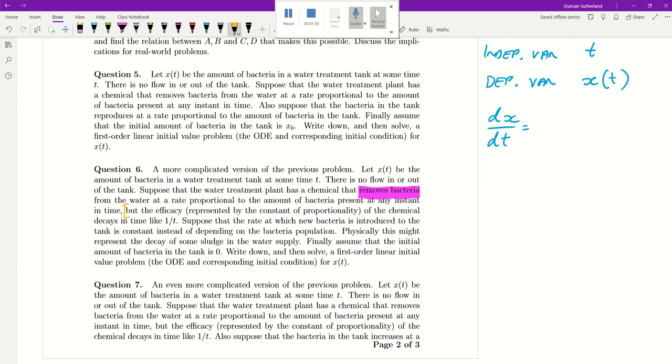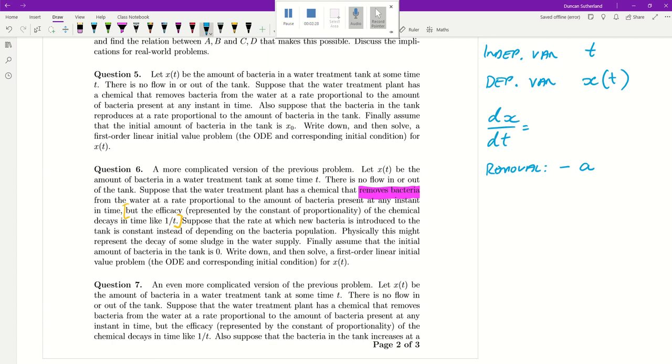So whilst it's a bit of a clumsy way of putting it, we're going to have a removal term, and that term's going to be negative because it's reducing the amount of bacteria, or it's removing things. We've got a constant, but then that constant is changing, it's not really constant.